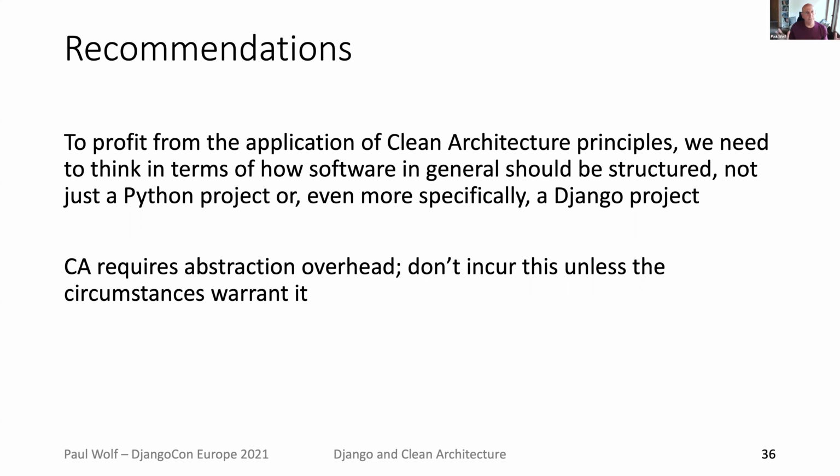So I have a few recommendations, and I make these recommendations based on personal experience. There are a lot of things that you can do in order to implement clean architecture principles.